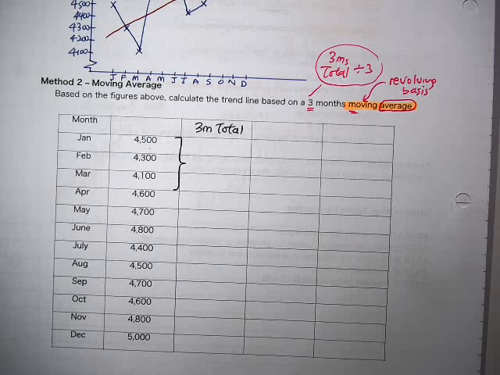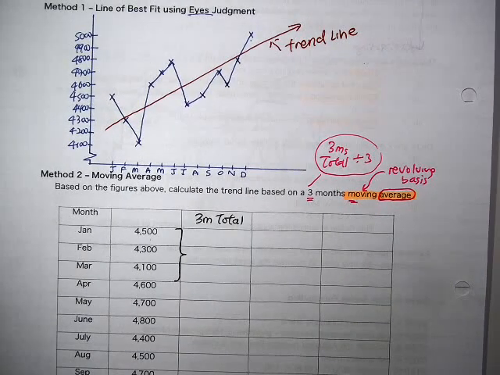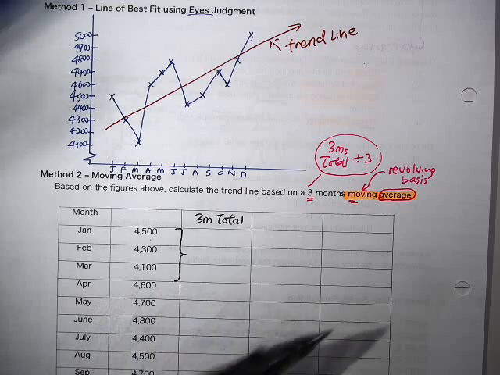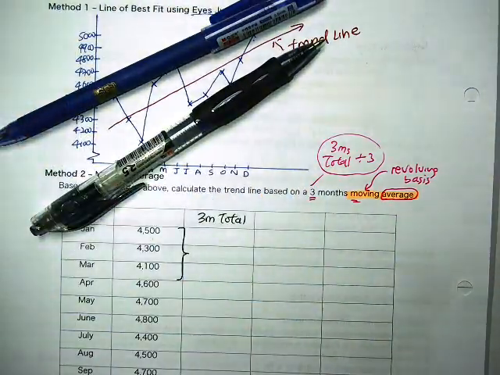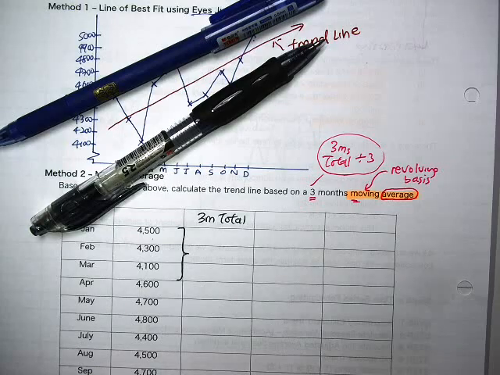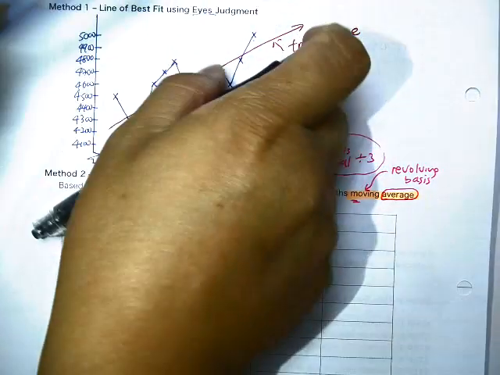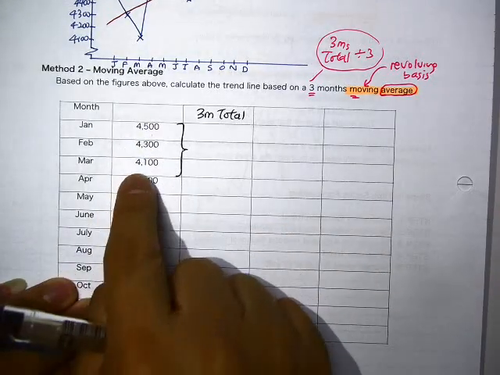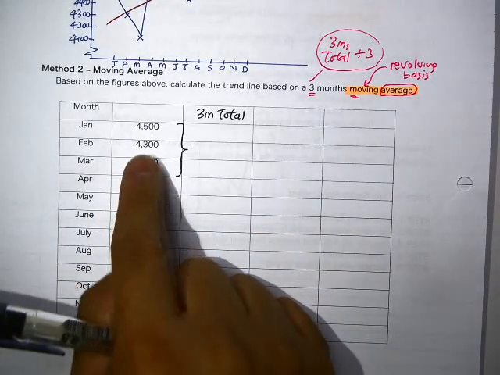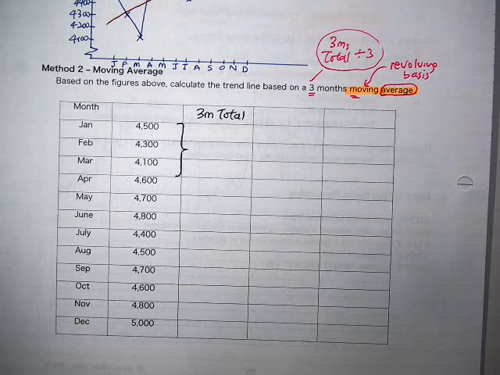You must stop in the middle. Why stop in the middle? Because we look at trend as something that shows an average fluctuation. That's why between the upper and lower limit, you take the center. So it's always the midpoint. If you have January, February, and March, the midpoint must be February, because that's the middle of the 3 months.